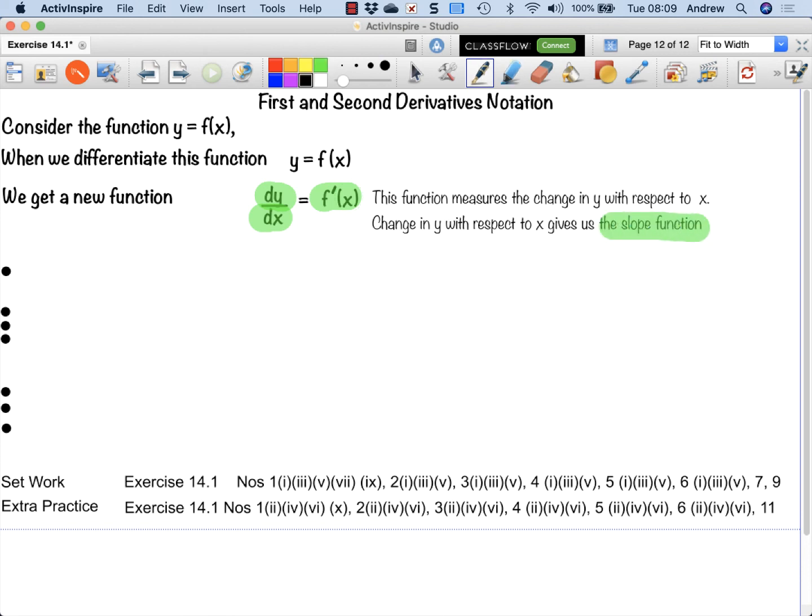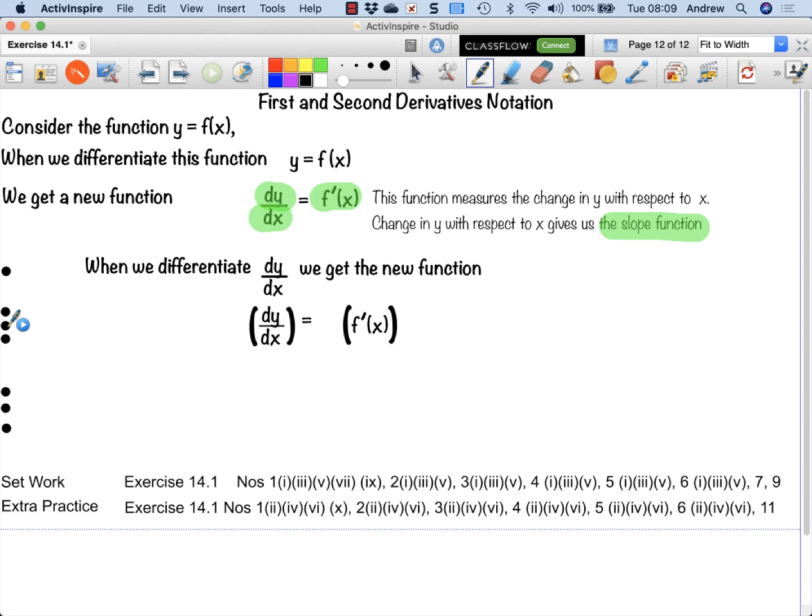Now we're looking at what the second derivative actually means. So in terms of the second derivative, when we differentiate dy dx, we've already discovered we get a new function. So let's see how that works. What is this new function? Well, to differentiate both sides, you saw in the first example, I put brackets around the first side, and then I put d by dx, differentiate both sides with respect to x.